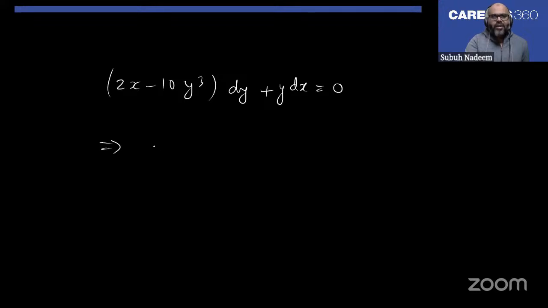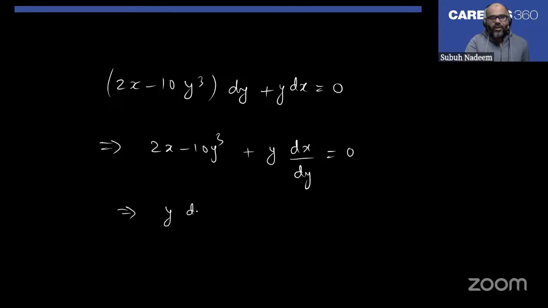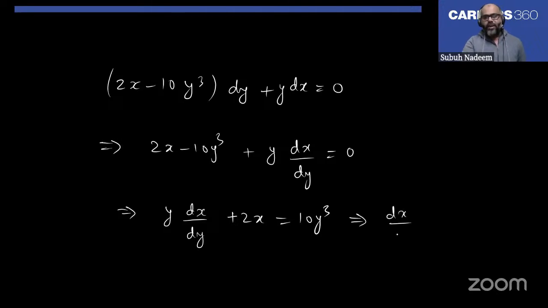Let us write (2x minus 10y cube) plus y dx by dy equal to 0. Write it like this: y dx by dy plus 2x is equal to 10y cube, and divide by y. So dx by dy plus (2 by y) x is equal to 10y square.